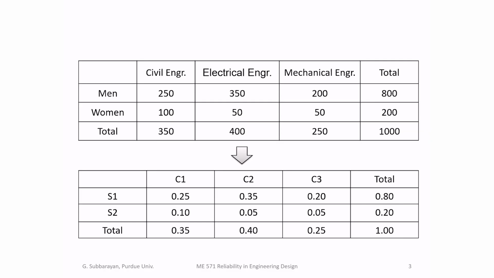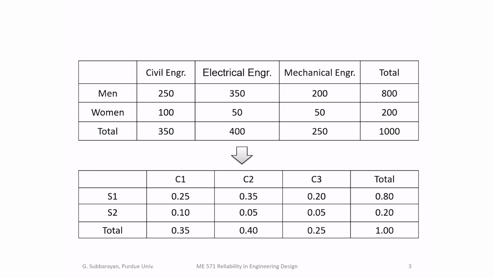Here, the simplest events are defined as C1, the event that a student will be a student of civil engineering. C2 is the event that a student will be a student of electrical engineering. C3 is the event that a student will be a student of mechanical engineering. S1 is the event that a student is a man, and S2 is the event that a student is a woman. Those are simple event statements.